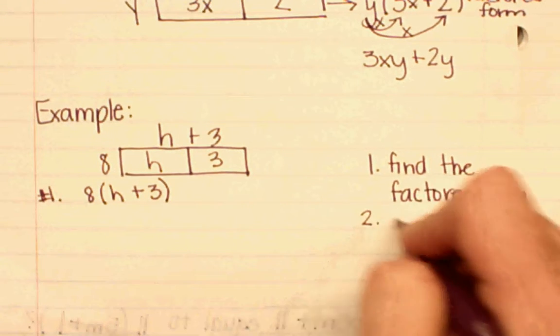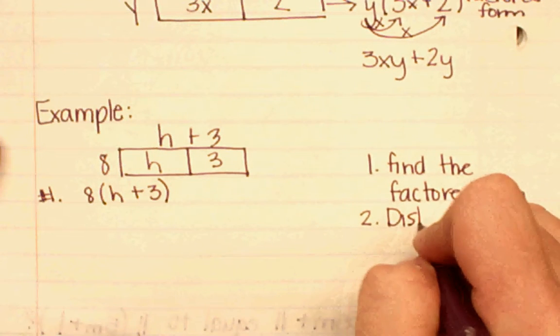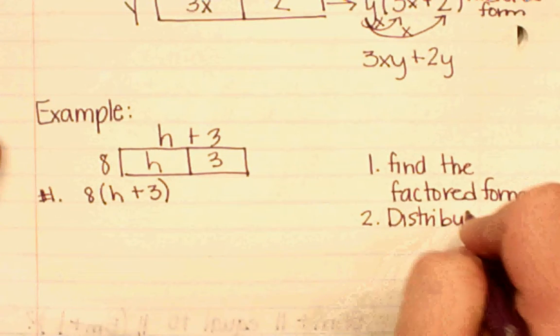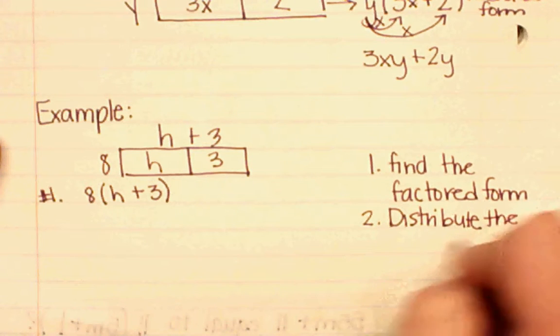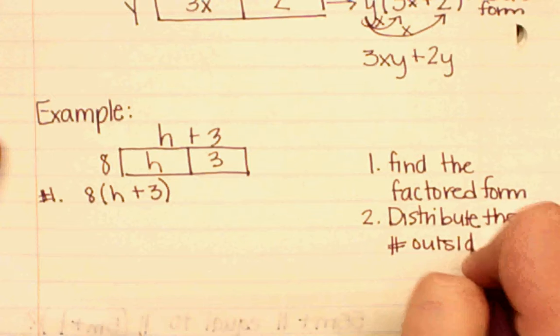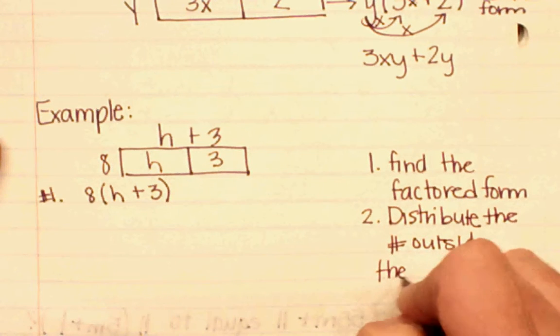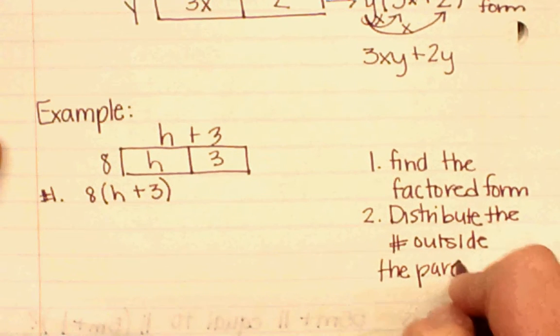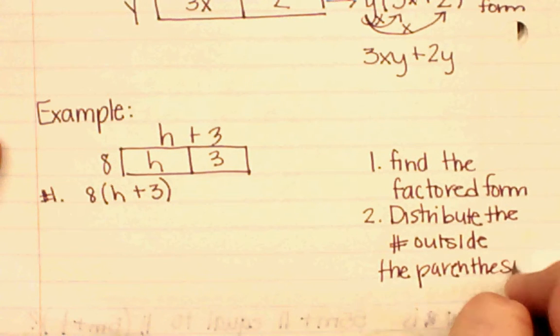The next step would be to distribute the number outside the parentheses to the ones inside.